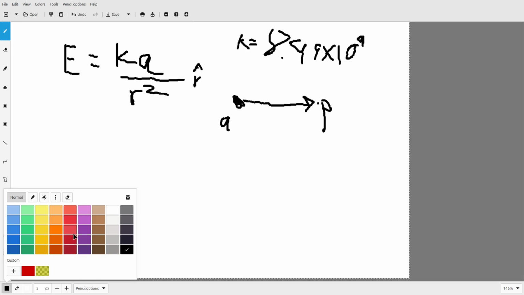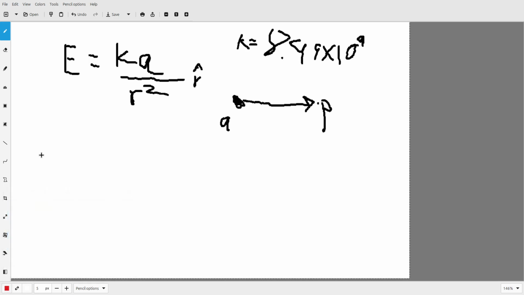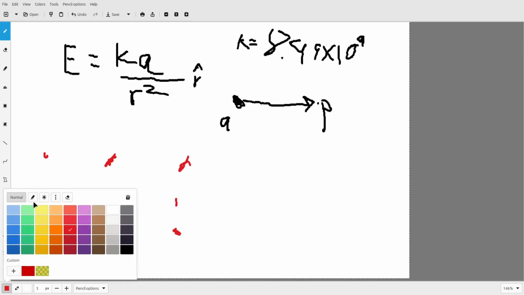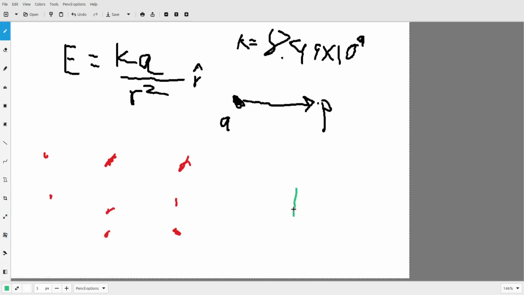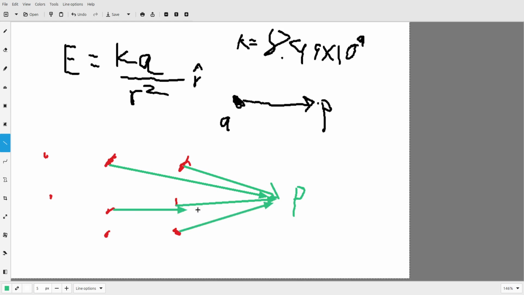Let's say now we have several charges, and we need to find the field at point P. I'm going to call this point P right here. And so on.